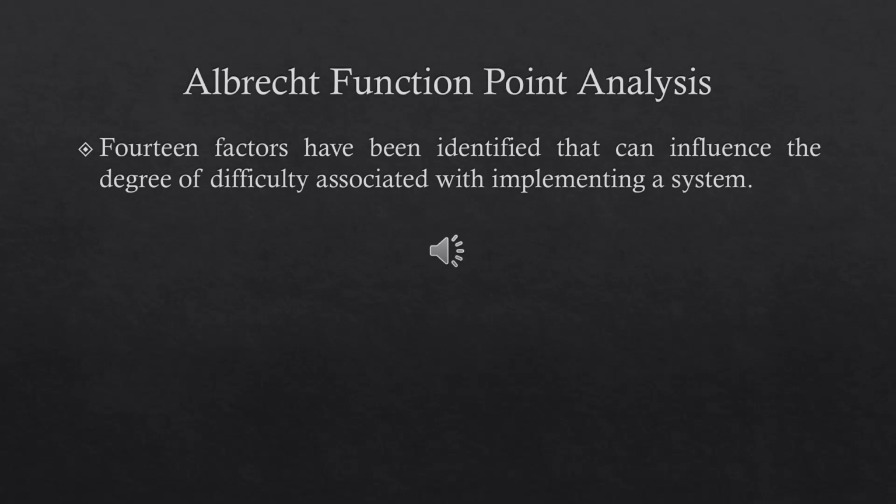Based on the operational environment, 14 factors have been identified which can influence the degree of difficulty associated with implementing a system. These factors can be considered as general system characteristics. 14 general system characteristics are identified which influence the degree of difficulty associated with implementing a system.